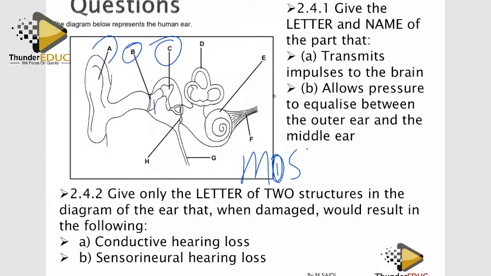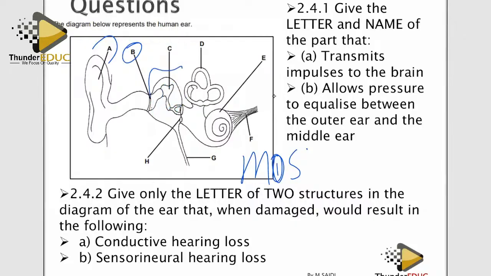Remember, this is Malleus, this is Incus, and then this is Stapes. They are pointing at the middle one, so you can't say ossicles. If it was generalized as this, then you say ossicles. But now they pointed on a specific bone which is in the middle, so it's going to be Incus.